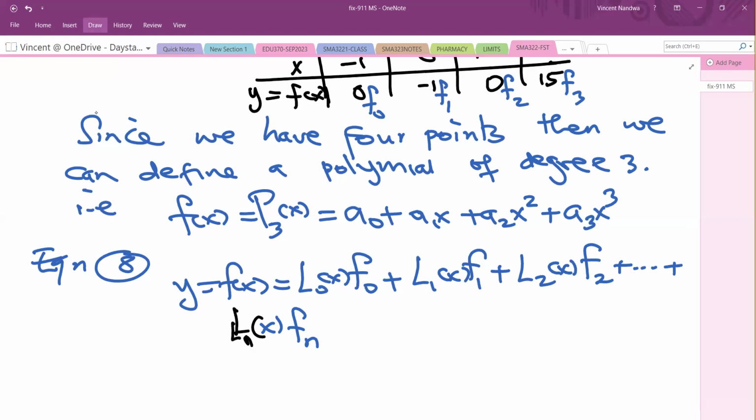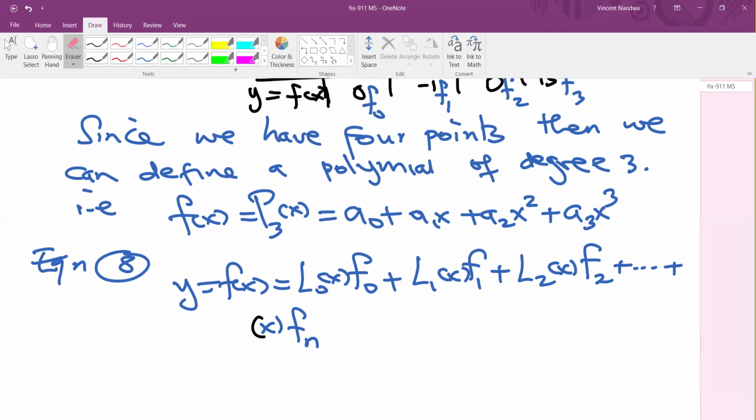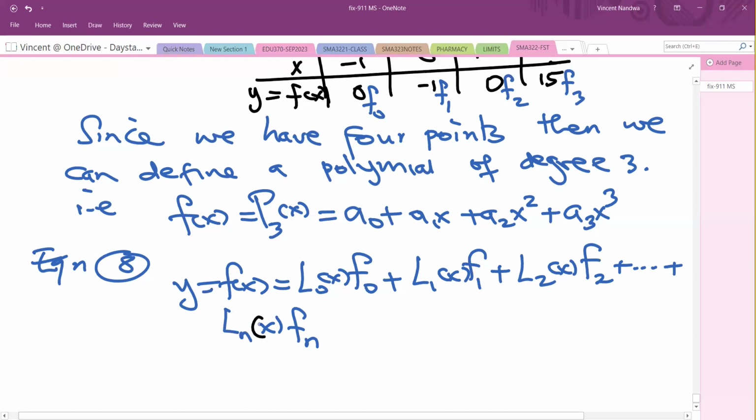So how many brackets of x will be defining each of our L values if we have to deal with a polynomial of degree 3? You need to multiply how many brackets of x to get power 3?